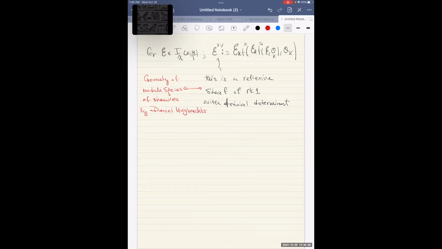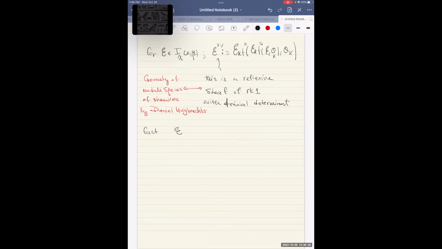Look at this book, and you can see what a reflexive sheaf is, and this double dual is also explained over there. There is a fact that taking the double dual allows you to embed E inside this double dual.